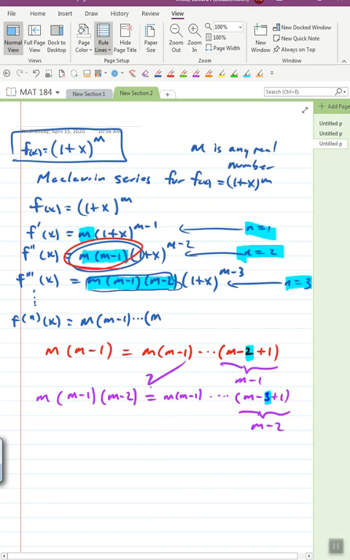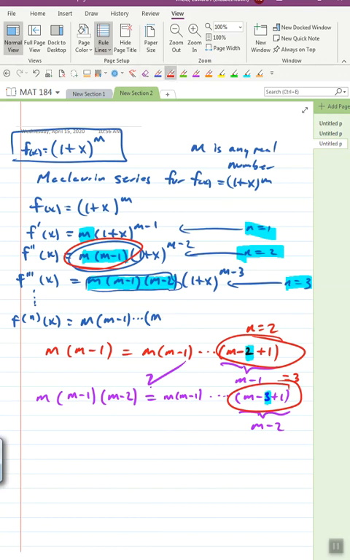Can somebody tell me what that last one would be? M minus n plus 1. That's the one. I'll do it in the same color. And we've actually run into this somewhere else. Last week when we were doing something, we ran into the same kind of expression.